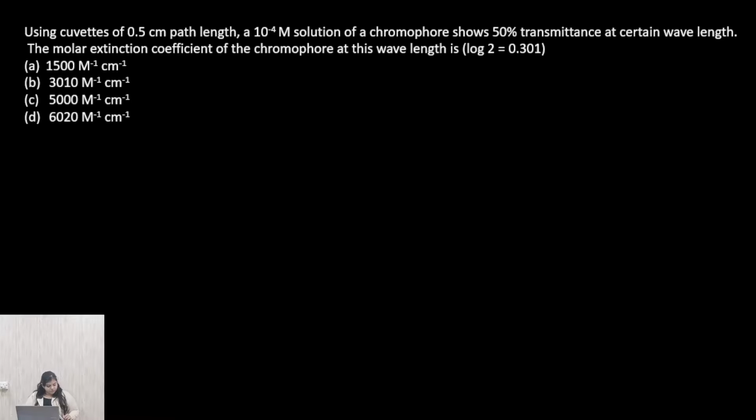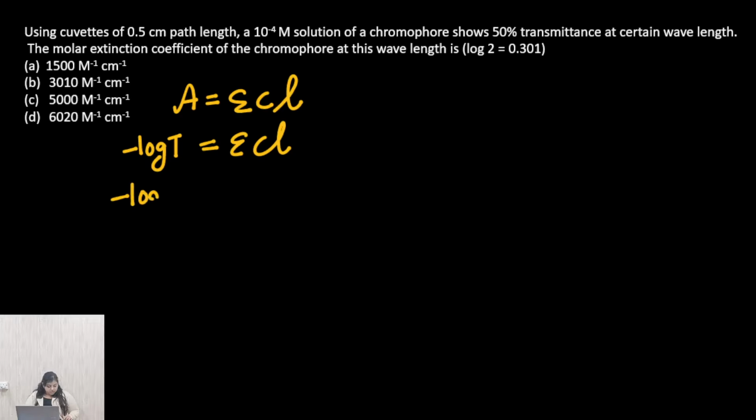Simple question, we know that absorbance is equal to epsilon c into L. Absorbance is also equal to the negative log of the transmittance, that will be equal to epsilon c into L of it. So this is negative log of transmittance, which is 50 upon 100, that will be equal to the epsilon.